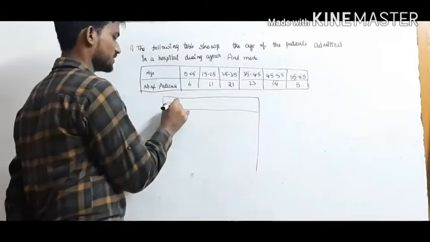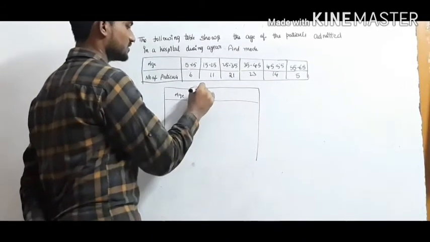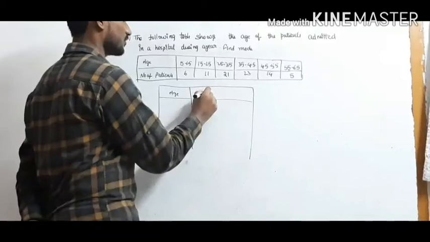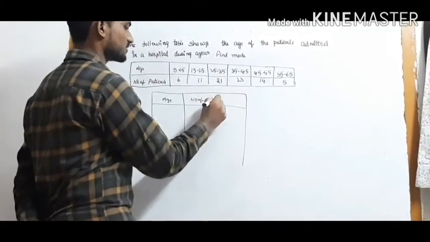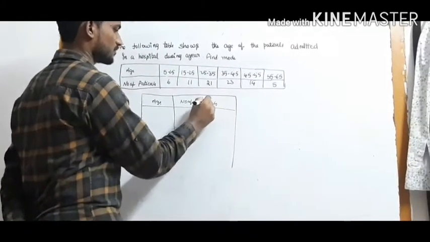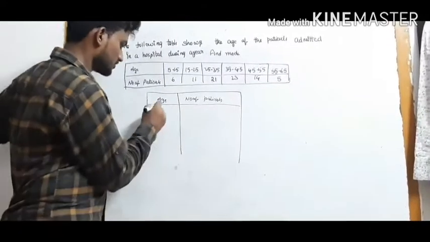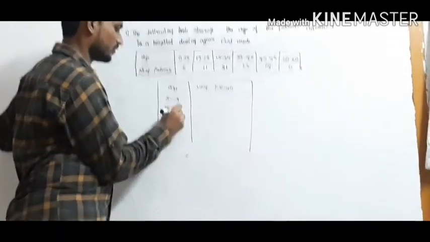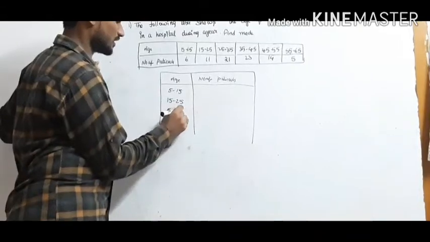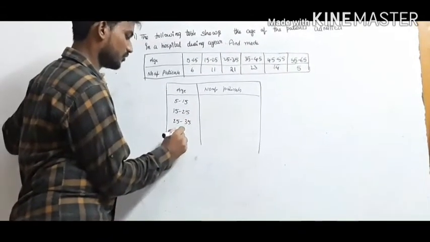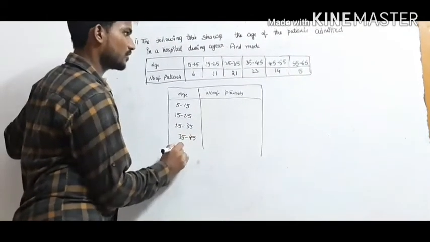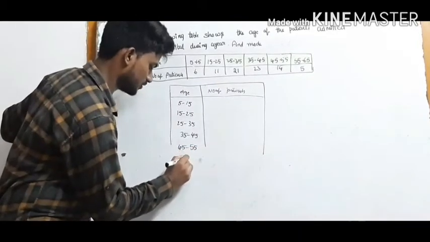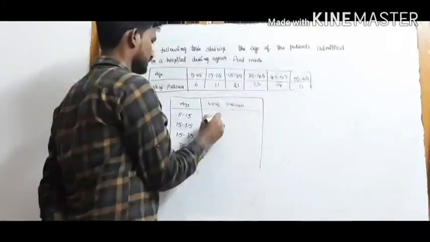This is age, and it is also called class intervals, and this is the number of patients. The class intervals are 5 to 15, 15 to 25, 25 to 35, 35 to 45, 45 to 55, 55 to 65.